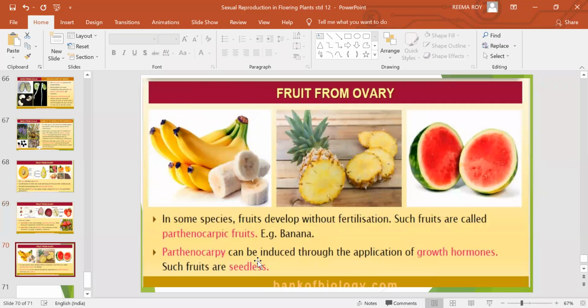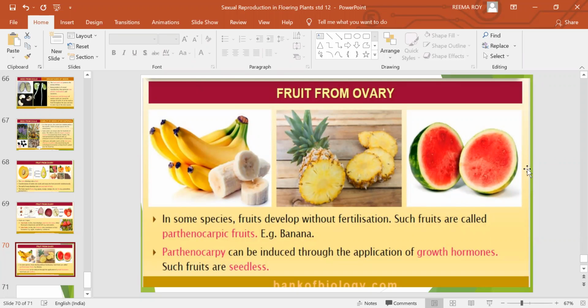In some species, fruits develop without fertilization. Such fruits are called what? Parthenocarpic fruits. Example is banana. Parthenocarpy can be induced through the application of growth hormones. Such fruits are seedless. Recently seedless papaya has newly come into the market.